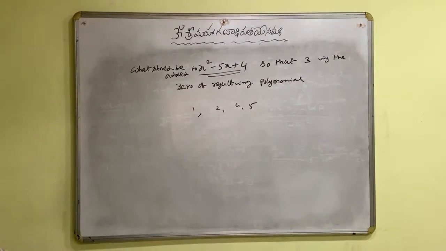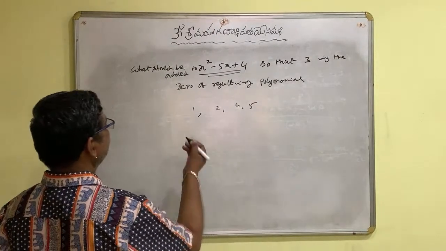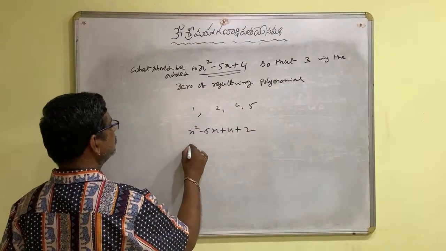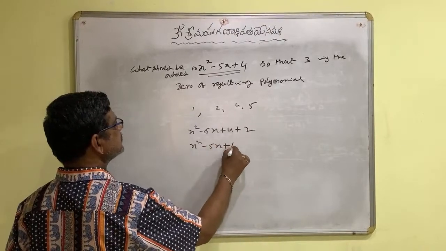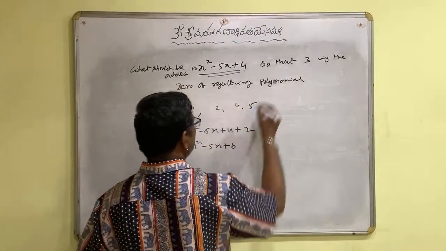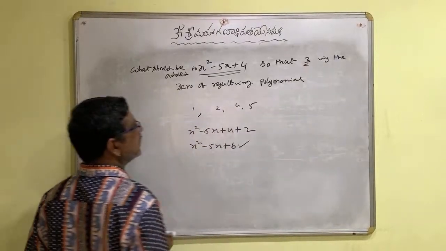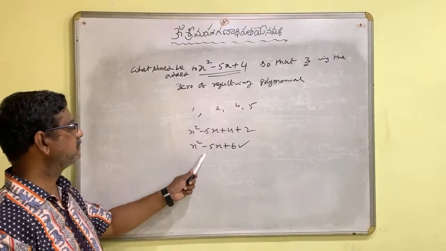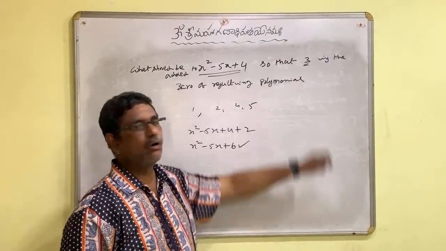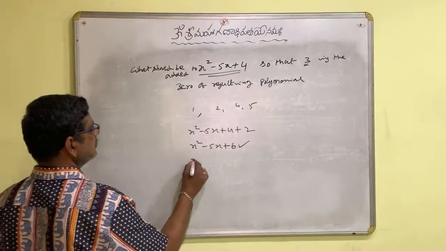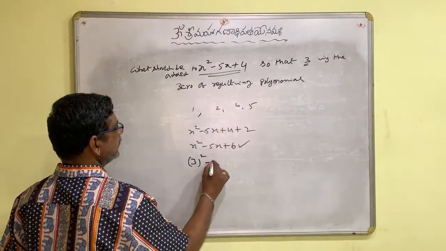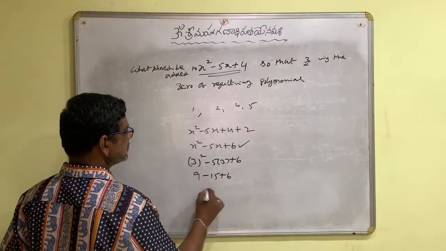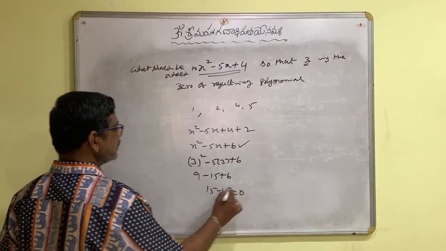It's an objective type question. Let us try 2. X square minus 5x plus 4 plus 2 becomes x square minus 5x plus 6. Now for this resulting polynomial, we have to verify whether 3 is a zero or not. 3 square minus 5 into 3 plus 6. 9 minus 15 plus 6. 15 minus 15, 0.